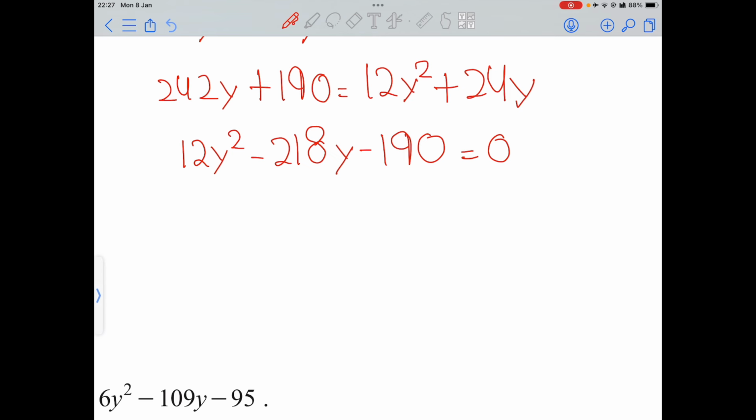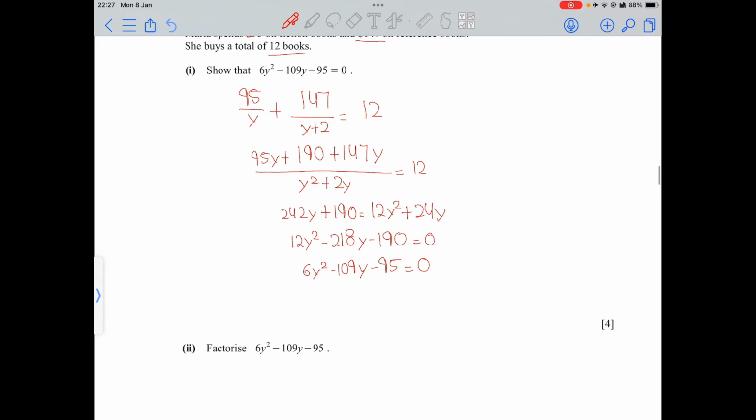Once you divide 12 by 2, you get 6y squared. Negative 218 divided by 2 gives me negative 109y. And negative 190 divided by 2 gives me negative 95. This is the same as shown here.